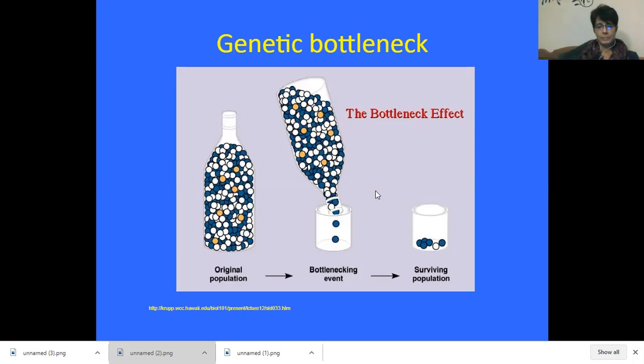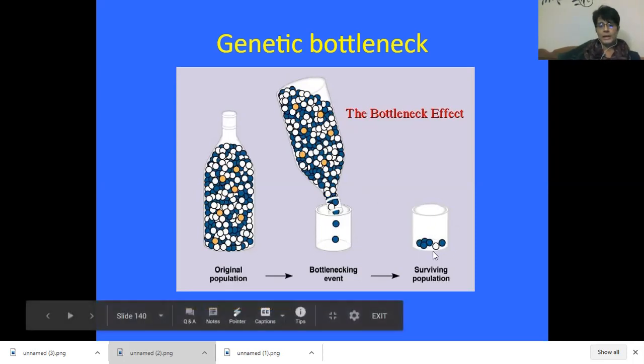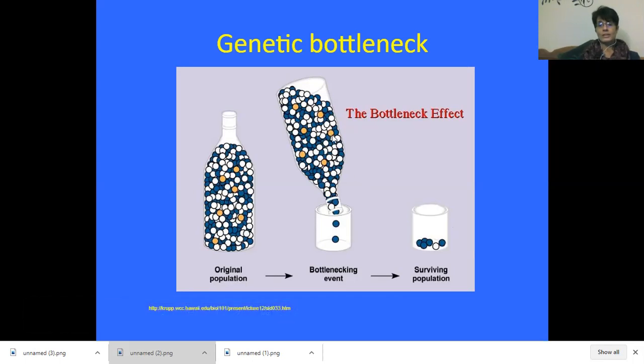It's actually quite sweet. So the surviving population is much smaller, and you can see this population doesn't have as much variation as the original one. It just depends on which genes are randomly present in that smaller population. So both of them result in a smaller population size, but that smaller population size arises in different ways.